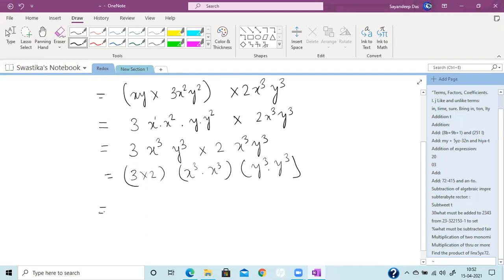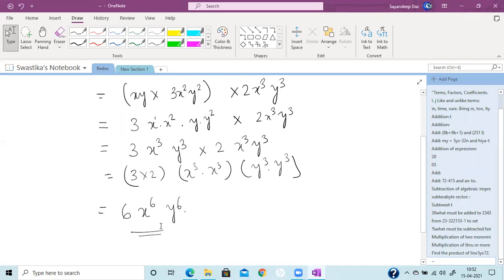Now multiply: 3 twos are 6, x cube into x cube, your variable is x to the power 6, y to the power 6. So this is the way how we do the multiplication of three or more monomials. If you are taking three monomials or taking 4 or 5, the method is the same, just multiply.